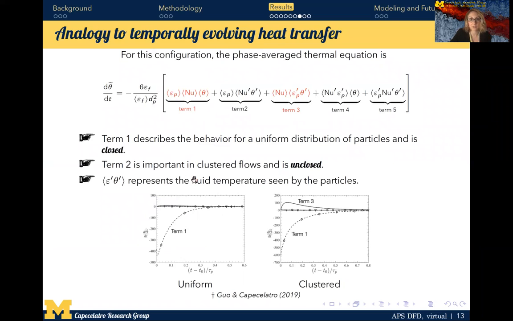Term 3, however, is important for the clustered flows and is unclosed, specifically this term here, which represents the fluid temperature seen by the particles.